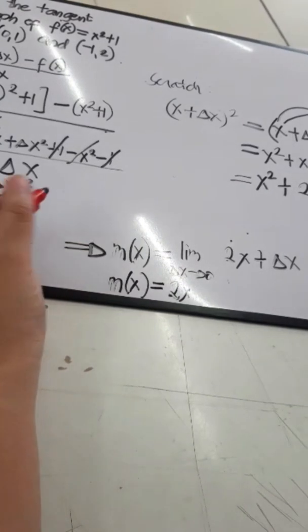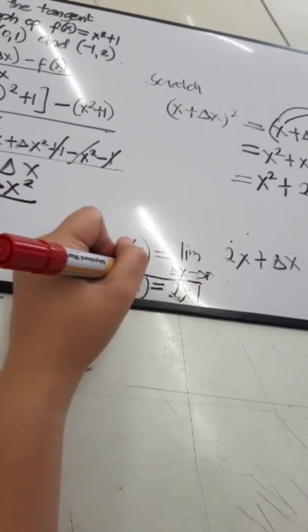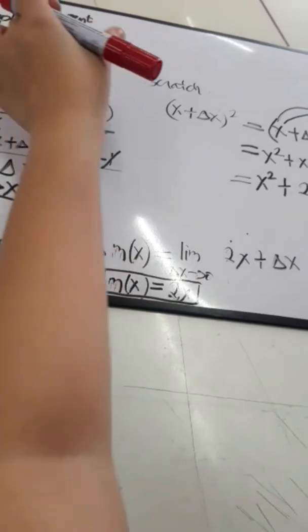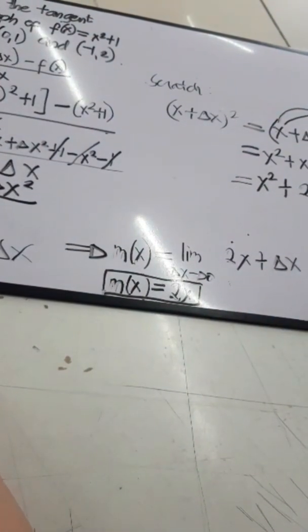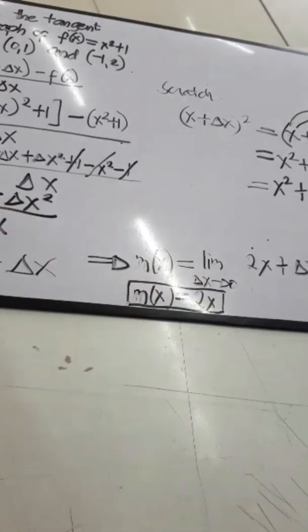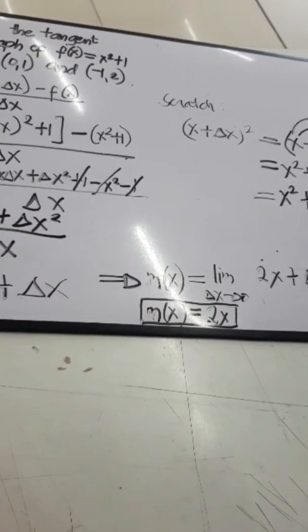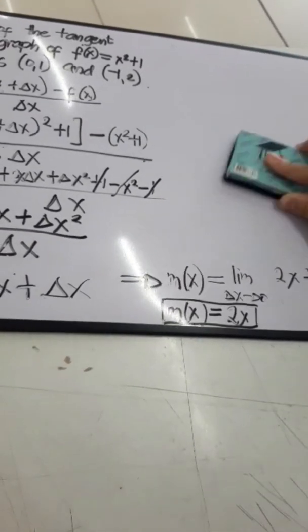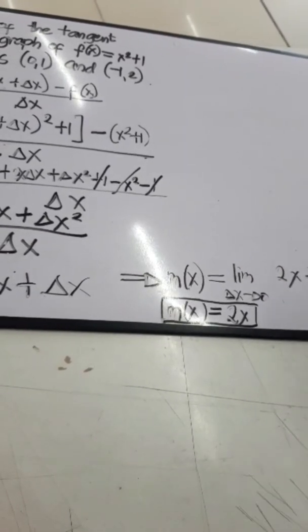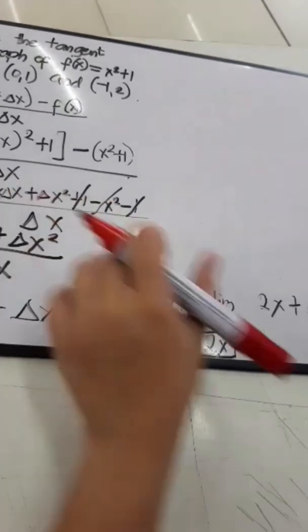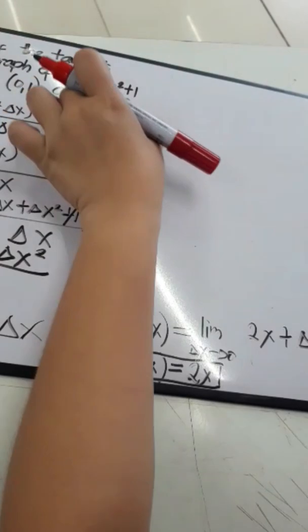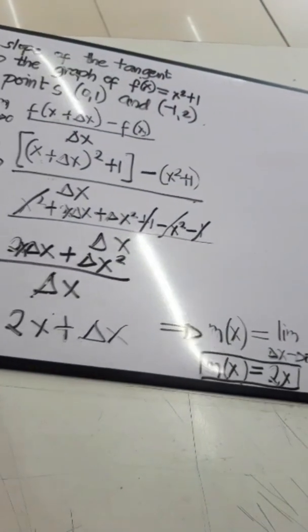So, this is our equation in finding the slope at any value of x for the given function. So, mx is equal to 2x. Ato ni siyang gamiton to find the slope of the points nga gihatag.